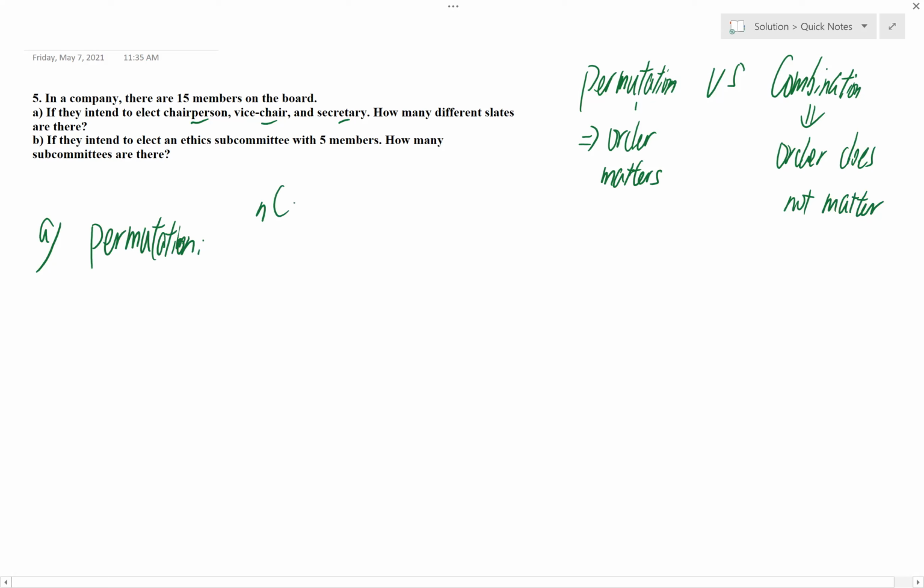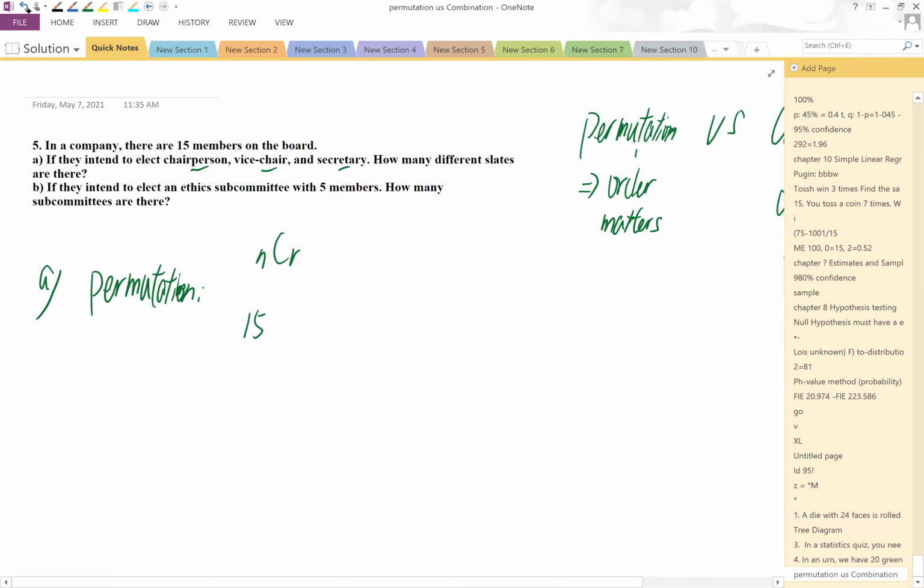So permutation is nPr, right? Okay. So n here is 15 and r is 3. So we do have 15P3. Okay.